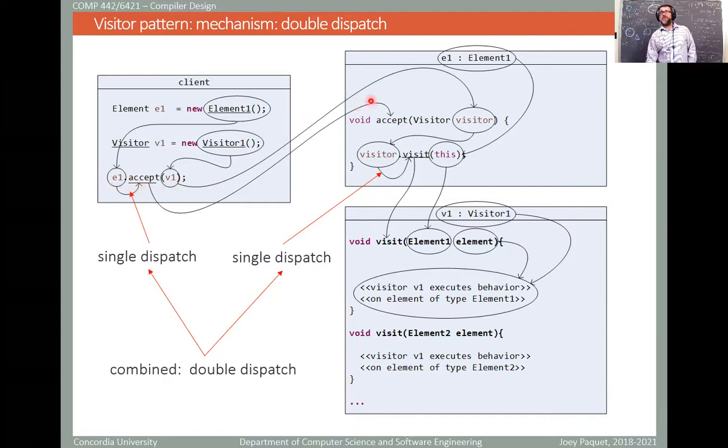Then it is going to call the accept method, and then the accept method is going to call another method, which is the visit method, which is going to trigger the semantic action.